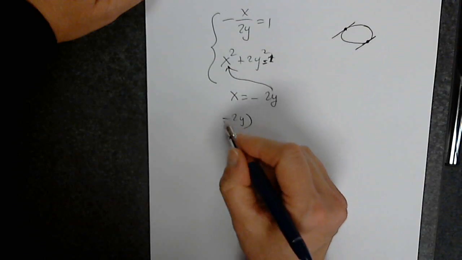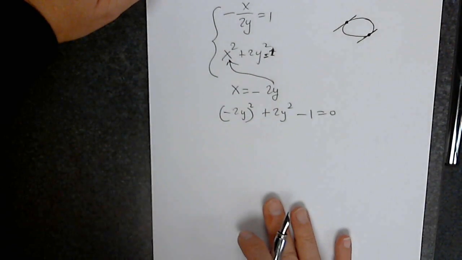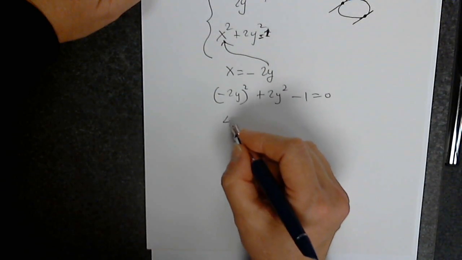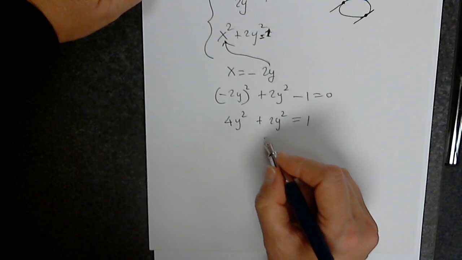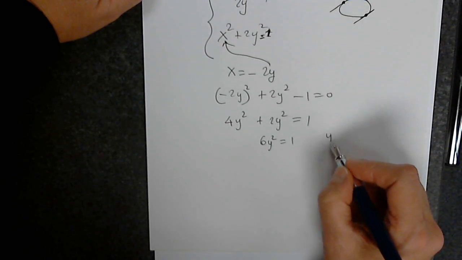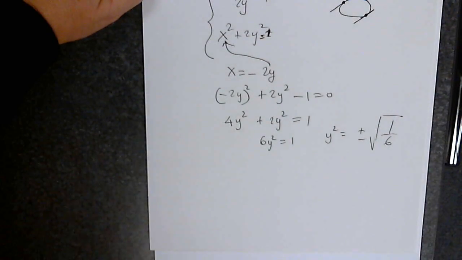So negative 2y squared plus 2y squared minus 1 is 0. So 4y squared plus 2y squared equals 1, or 6y squared equals 1, or y is plus or minus the square root of 1 over 6.